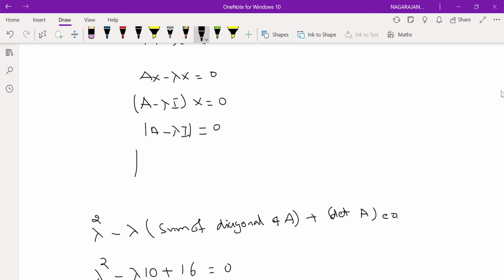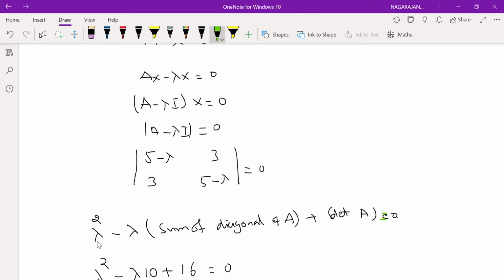So the determinant of 5 minus lambda, 3, 3, 5 minus lambda equals 0. It is a square 2 cross 2 matrix, so use this form: lambda squared minus lambda into the sum of the diagonal of A plus the determinant of A equal to 0.